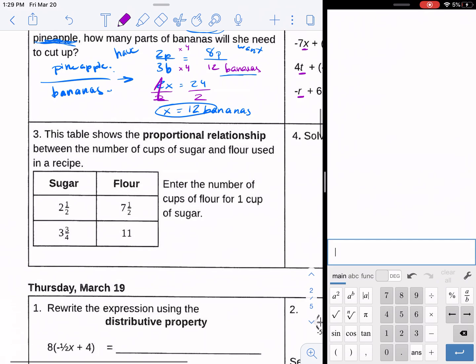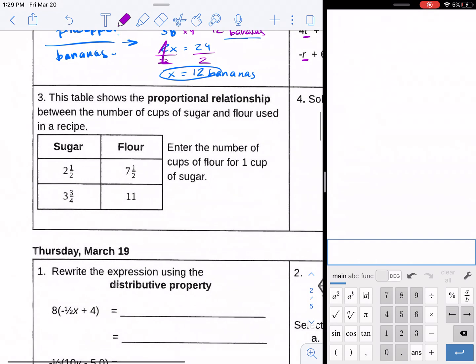Number 3. This table shows the proportional relationship between the number of cups of sugar and flour used in the recipe. Enter the number of cups of flour for 1 cup of sugar.